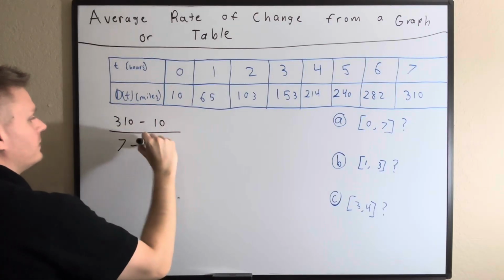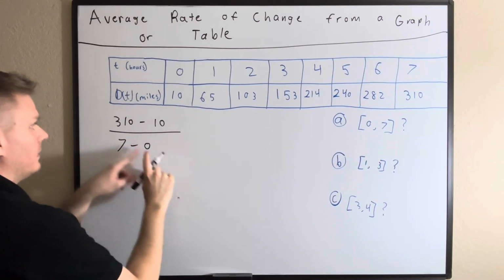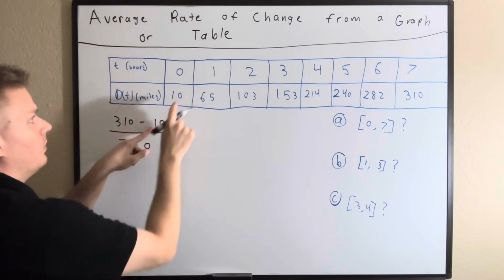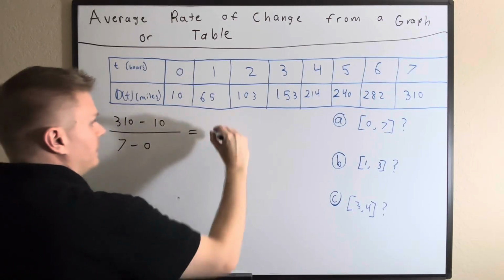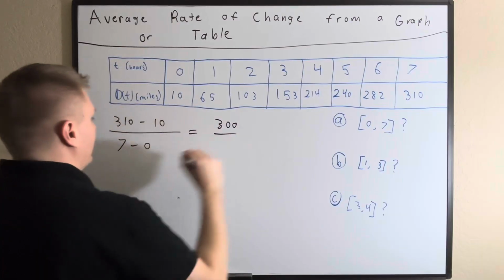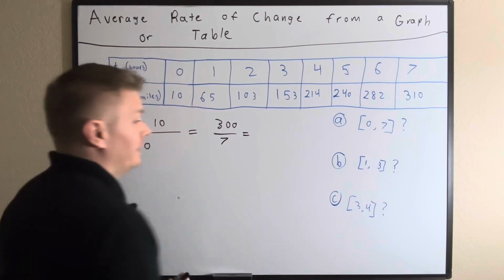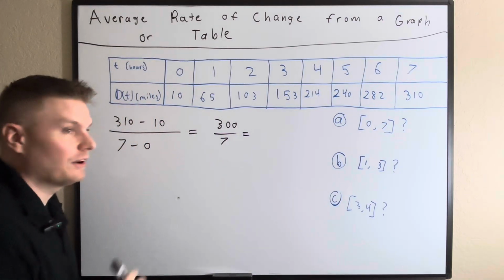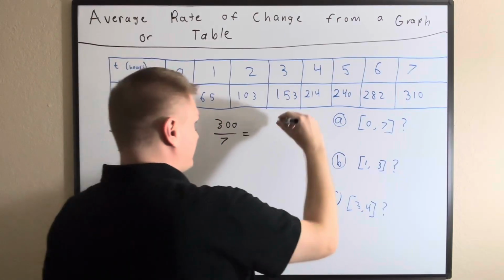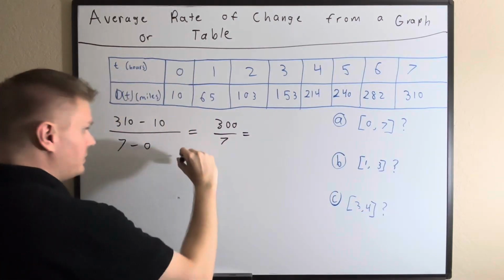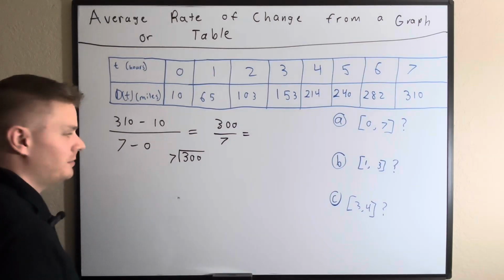Again, order matters. x2 minus x1, y2 minus y1. 310 minus 10, that's pretty easy math. 7 minus 0, that's even easier. 7. 300 divided by 7, that's not easy math. I did that on purpose because not all the math is going to come out nice and clean. So let's just do some long division here. Just review it, just in case you were getting rusty.